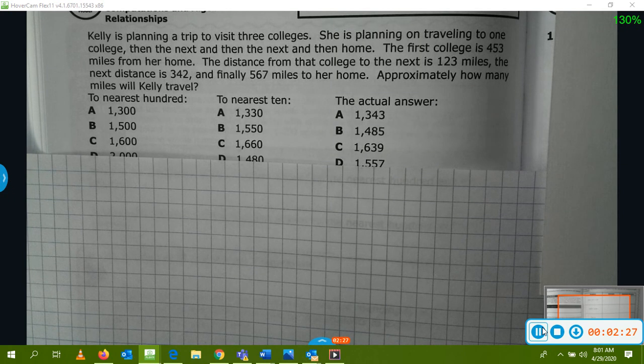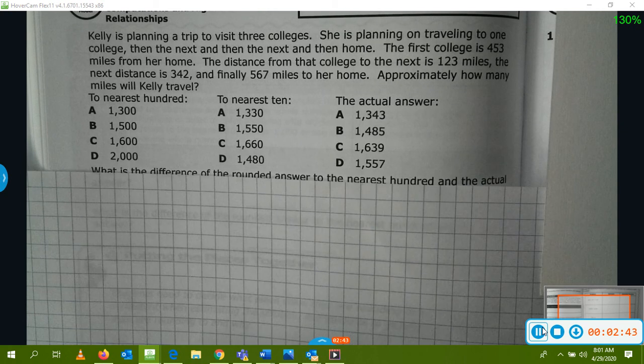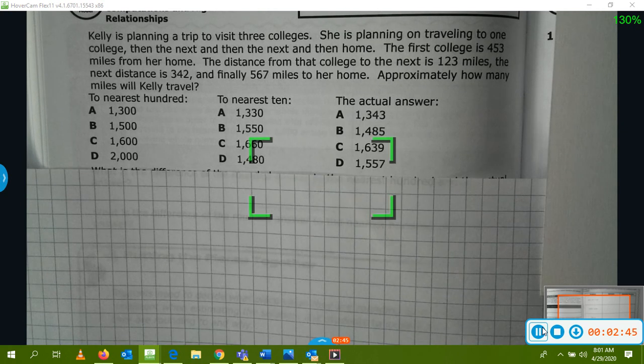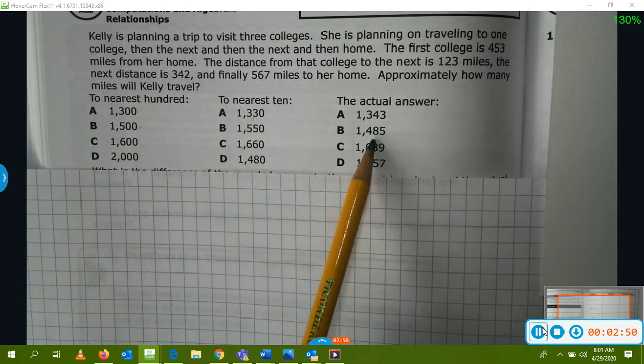The next distance is 342 miles. And finally, 567 miles to her home. Approximately how many miles would Kelly travel? So in this problem, they want us to find the answer to the nearest hundreds, the nearest 10, and then the actual answer.